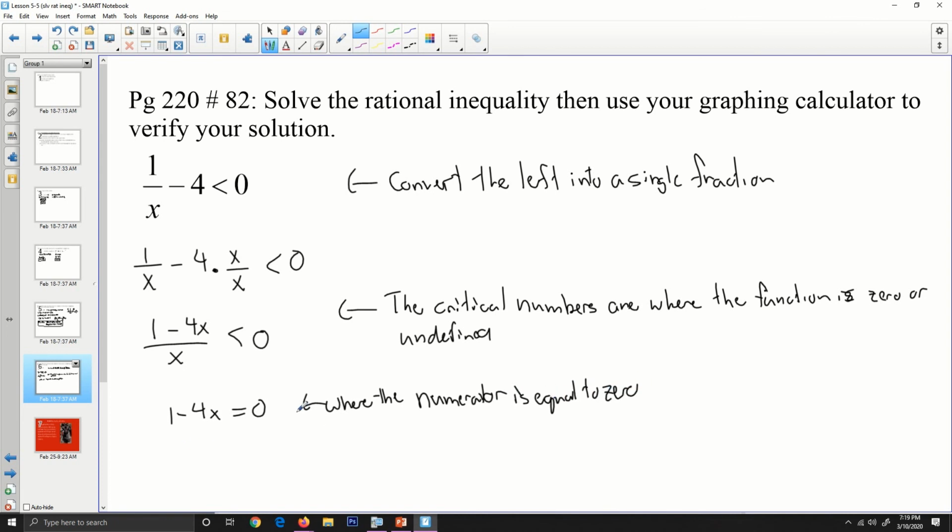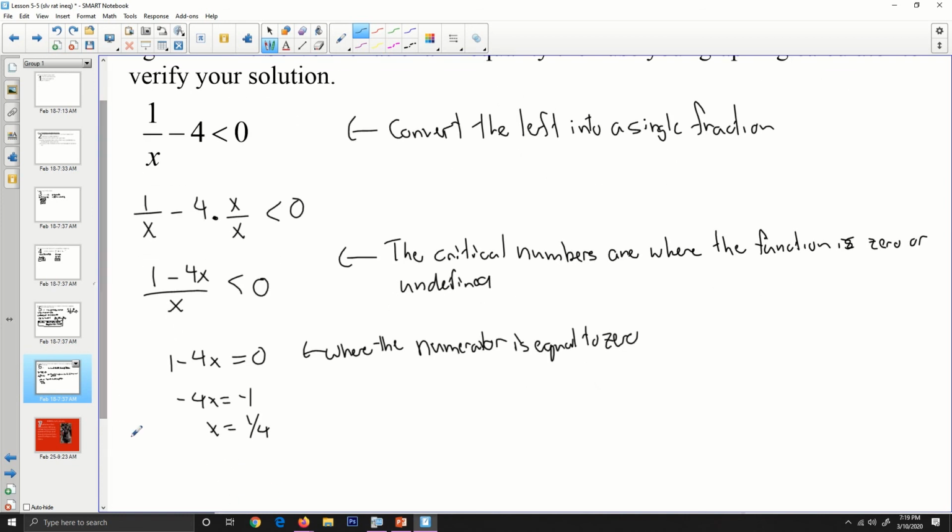All right, and so if I solve that, I subtract 1, I have -4x equals -1, that means x equals 1/4 when I divide. And it is undefined when x is equal to 0.